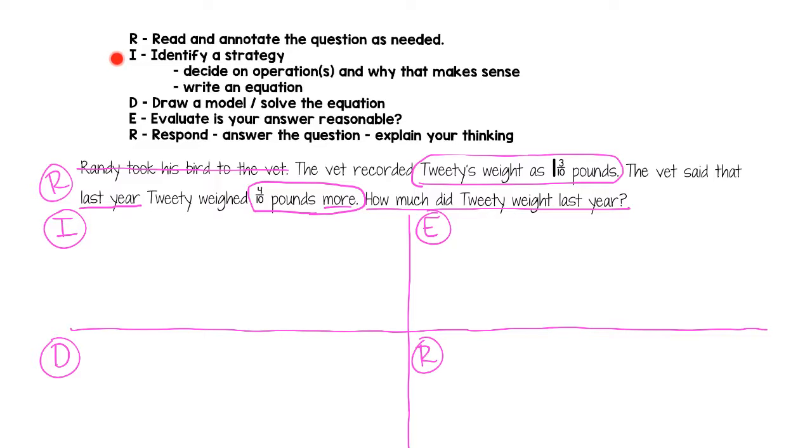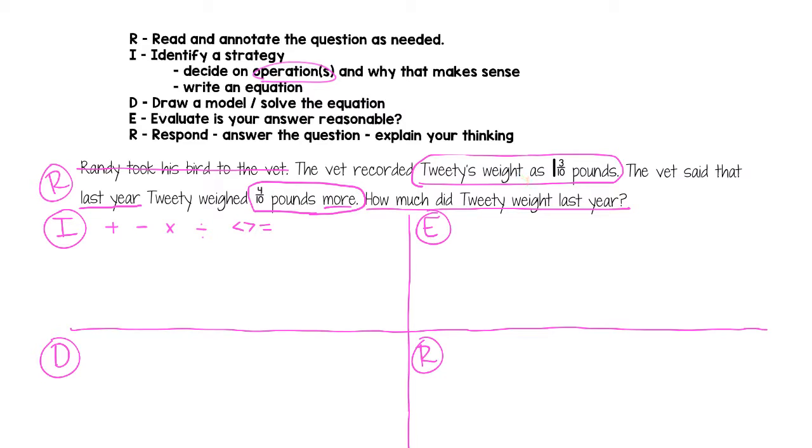All right. I. Identify a strategy. Decide on operations and why that makes sense. So our operations are addition, subtraction, multiplication, division, and comparing. The word more here sometimes tells us that we're comparing. So let's think about that.